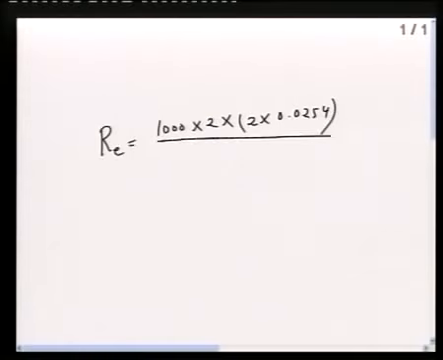Again, 1000, this is the density of water, multiplied by 2, multiplied by the 2 inches to 5.8, this is in meters because each 1 inch is 0.0254, divided by 10 to minus 3.